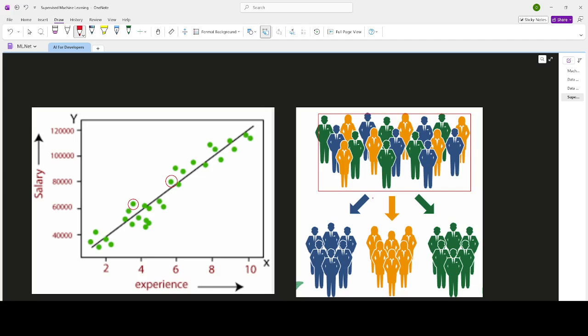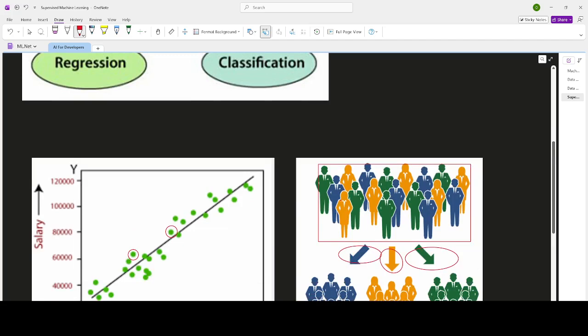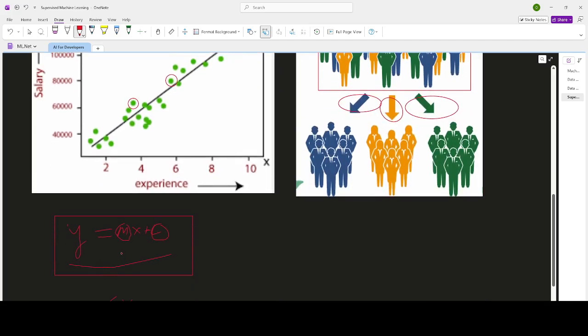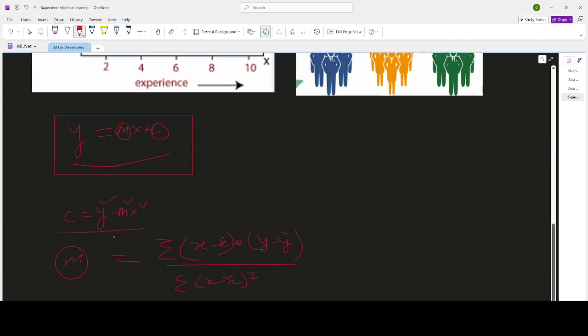So the categories are decided by our classification method. We will talk more in detail about the classification method in upcoming videos. But today we will target the regression methods. So how we use this regression method in machine learning with ML.NET, I will show you in detail.